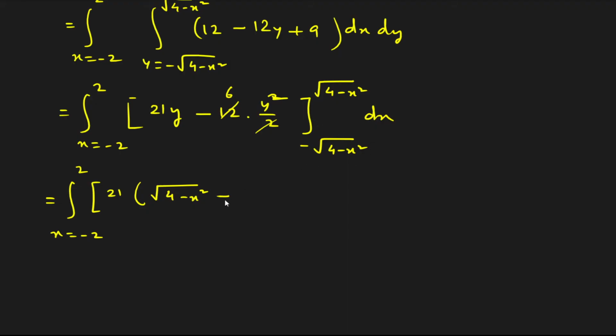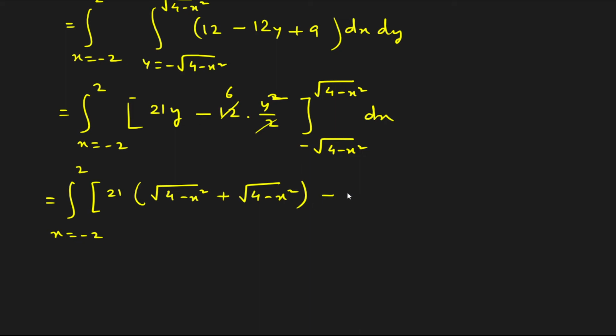So I have put minus, then when you put the lower limit, it will become minus minus plus root over 4 minus x square. Is it all right? Just observe it very carefully. 21 is constant. In place of y, first you put the upper limit, then you give minus sign, and then when you put back the lower limit, again one more minus will come. So that's why minus minus will become plus.